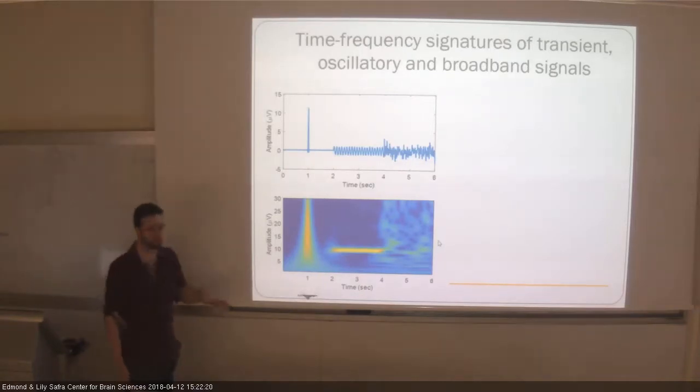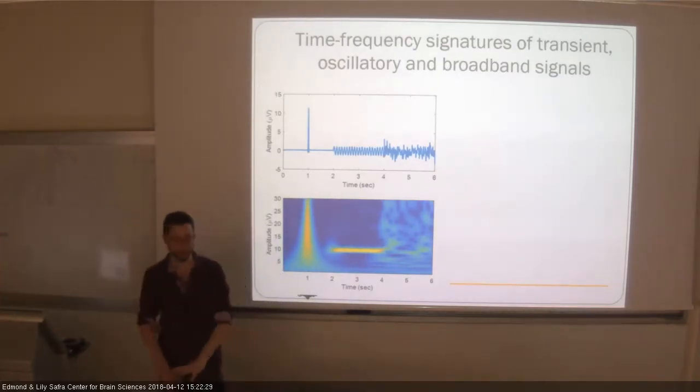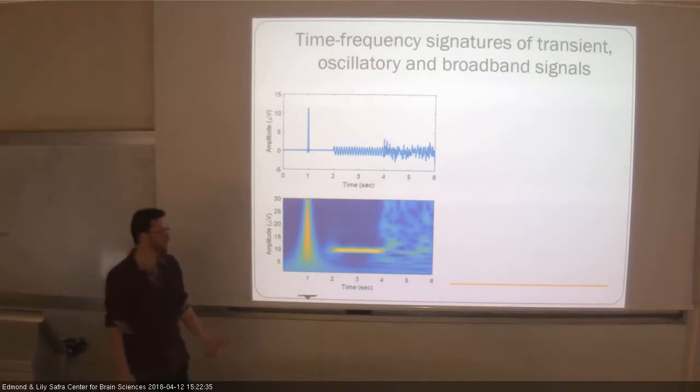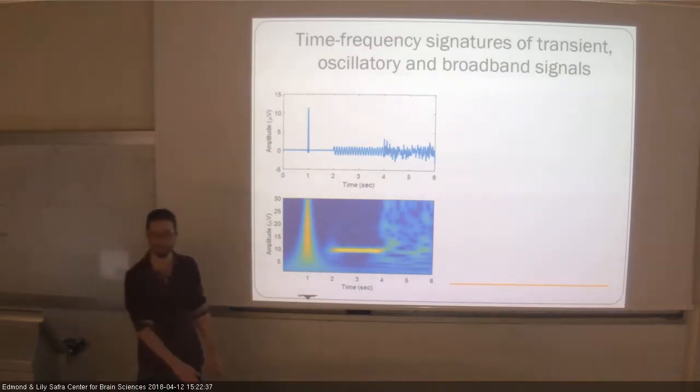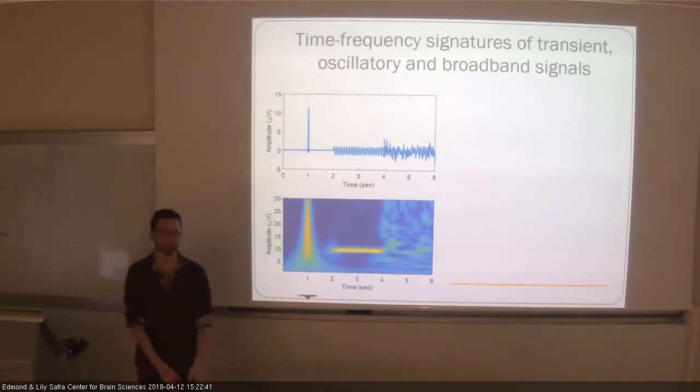So just to reiterate this point, and I'm really stressing it because for some of you it might sound trivial, but this actually has a lot of the neuroscience community baffled. It's important to stress again that having high power in a specific frequency does not necessarily mean an oscillatory signal.